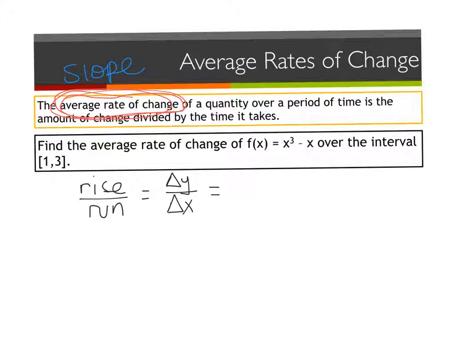And really what that's equal to is f of b minus f of a over b minus a, or f of a minus f of b over a minus b. It doesn't matter as long as you're consistent.